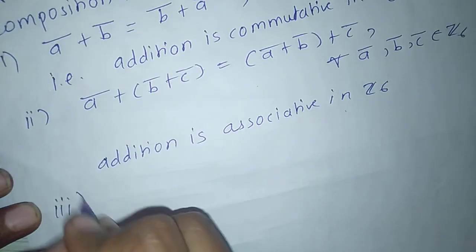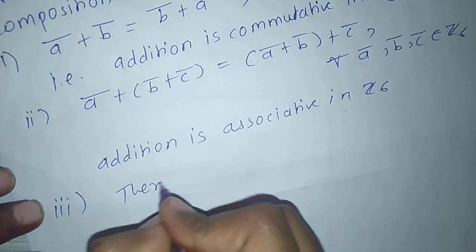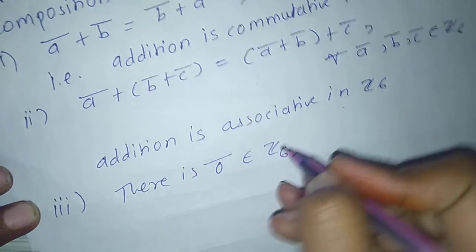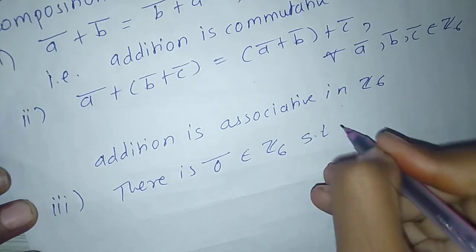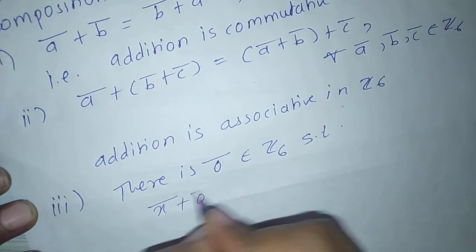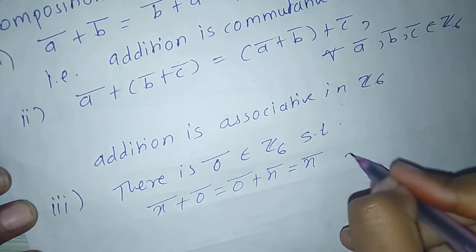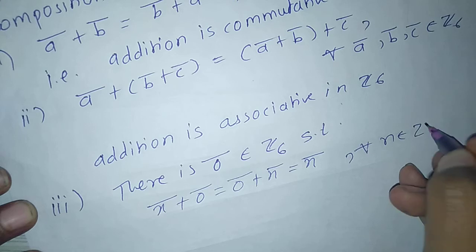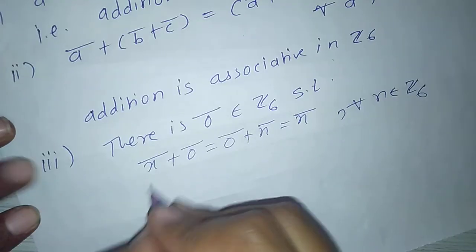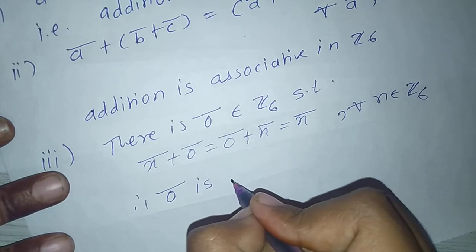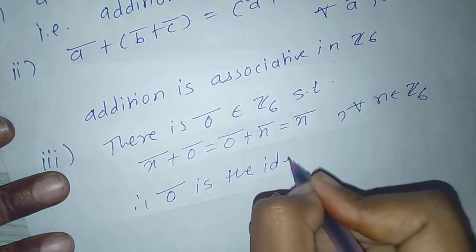Next, there is 0 bar belonging to Z6 such that x bar plus 0 bar equals 0 bar plus x bar equals x bar for all x belonging to Z6. Therefore, 0 bar is the identity element.